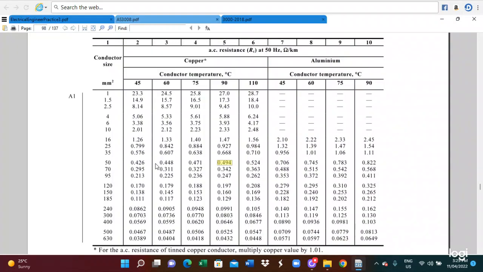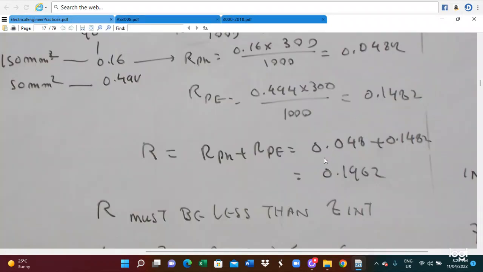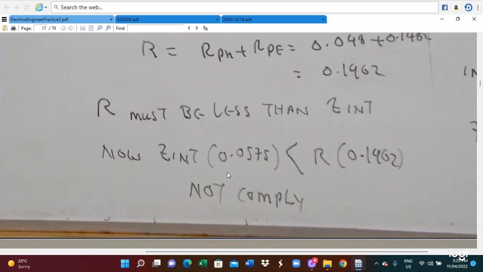So this table has 50 millimeter square as the original wire. Now we take 70, the next one. In this case, 0.342. So we substitute that 0.342 into the formula, and then we calculate the resistance again. So in this case, we substitute 0.342 here.